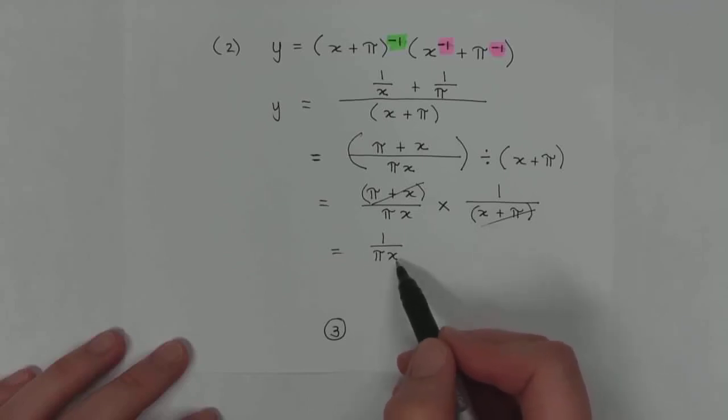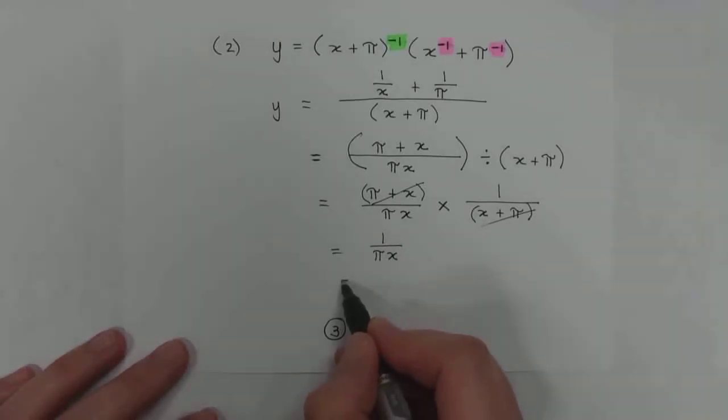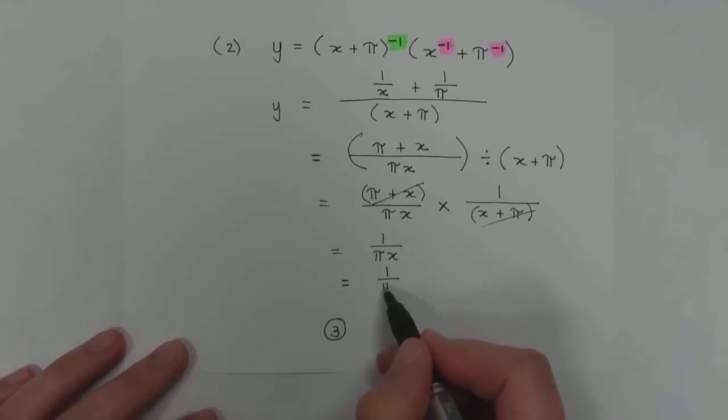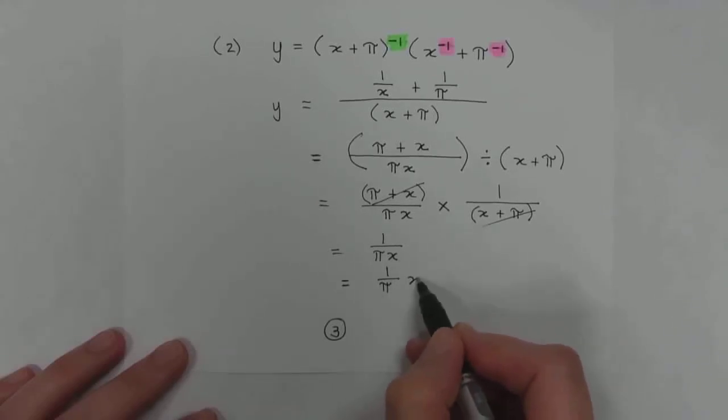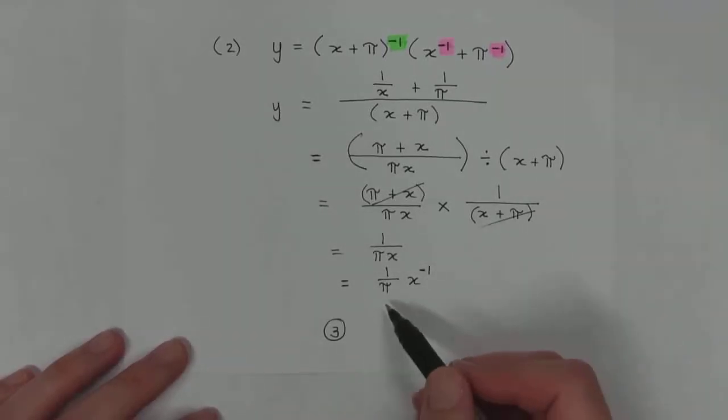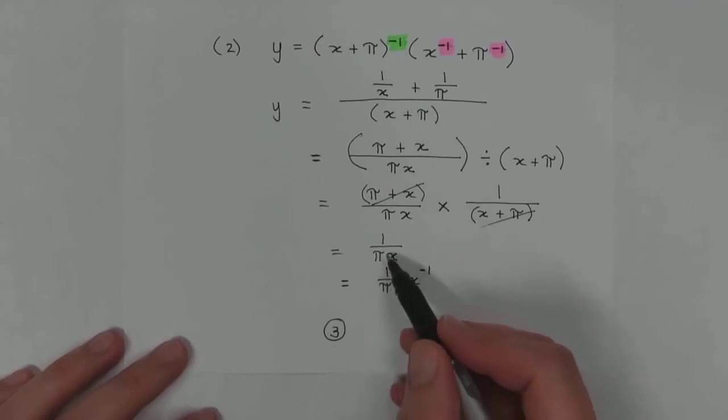What I can do now is move that x out of that denominator position into the numerator. And to do that, I am going to leave this as 1 over pi and only move x into my numerator. The reason for that is simply because a lot of people like to move these constant values into the numerator.